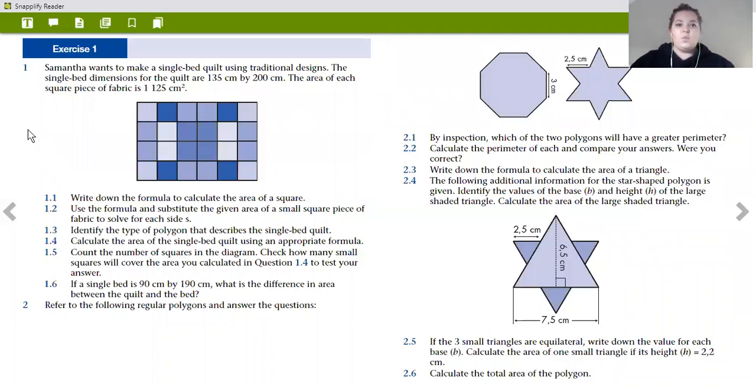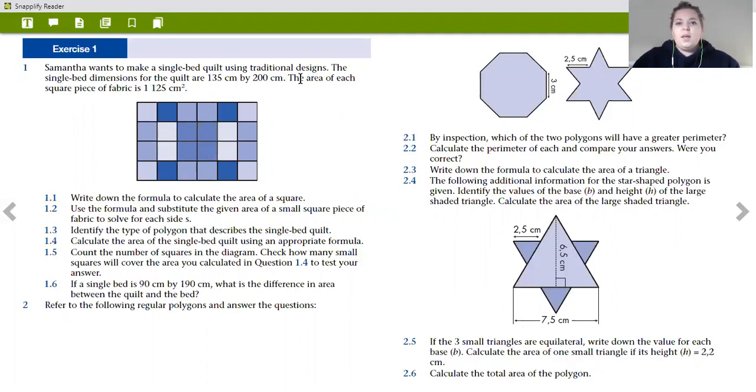For exercise 1, it says, Samantha wants to make a single bed quilt using traditional designs. The single bed dimensions for the quilt are 135 centimeters by 200 centimeters. So that's the dimensions for the entire quilt. If this was your quilt, that's 135 by 200.